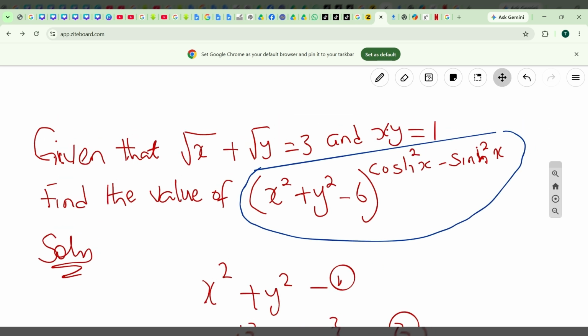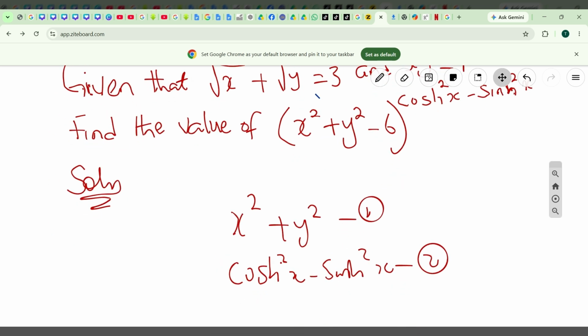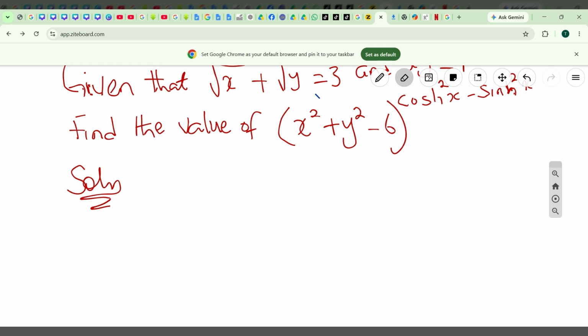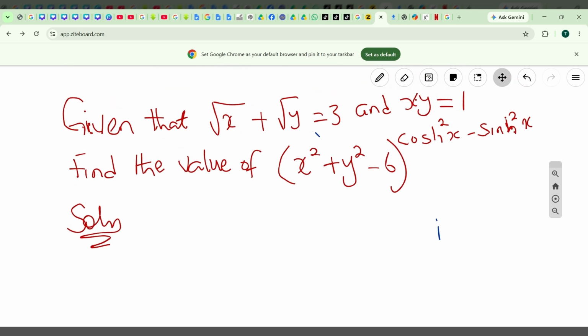So now, the first thing we need to do is find what x squared plus y squared is, and to do that is pretty simple and straightforward. Given the values on the screen, we have that the square root of x plus the square root of y is equal to 3.